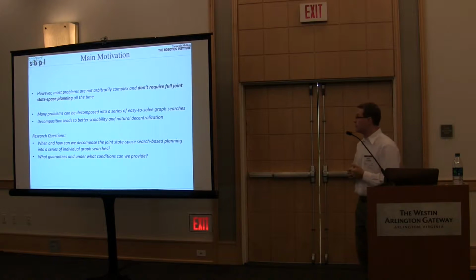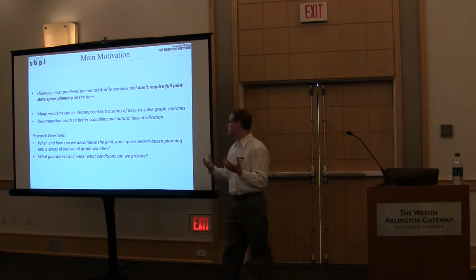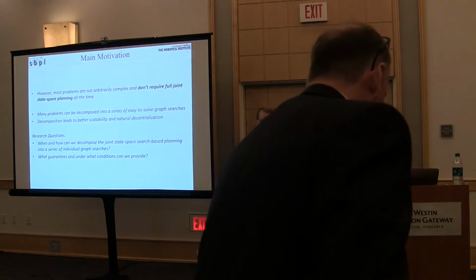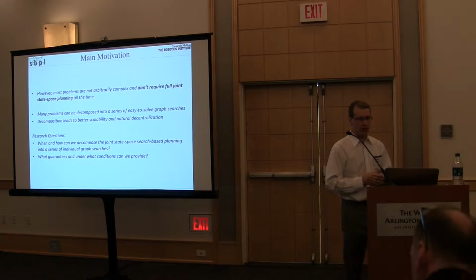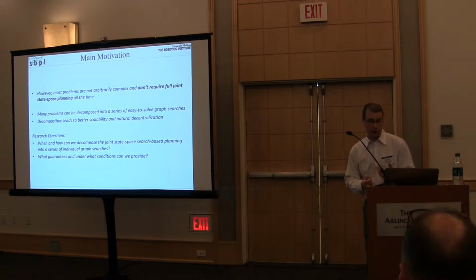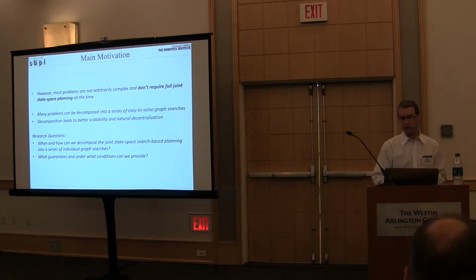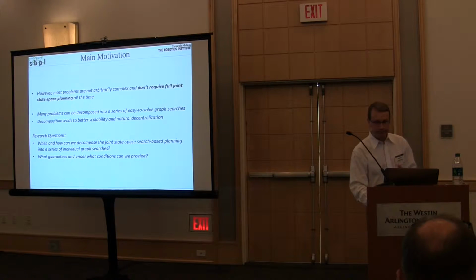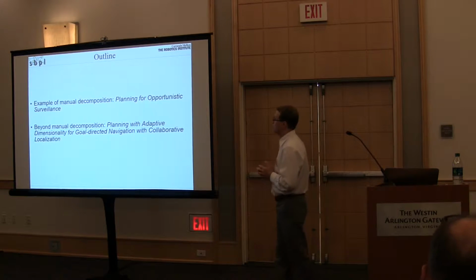Now, on the research side, the questions are, how do we do that? How do we take those problems and find the decompositions, and what guarantees can we provide and under what conditions? Those are the questions that interest me in the context of multi-robot planning. There are 2 things that I'll talk about.